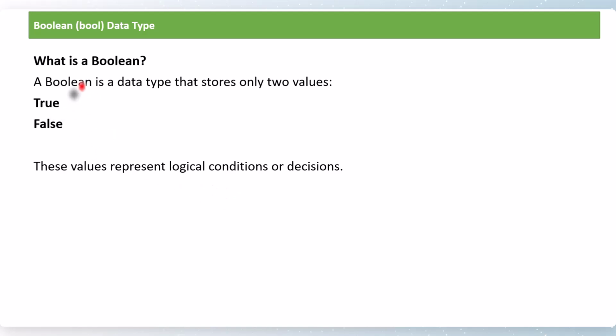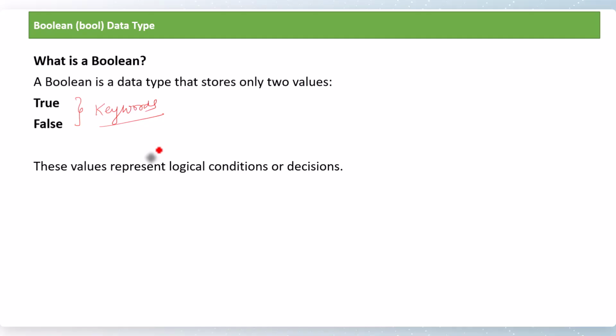What is Boolean here? A Boolean is a data type that stores only two values. Those two values are True and False. True and False are keywords in Python. Keywords means the reserved words.